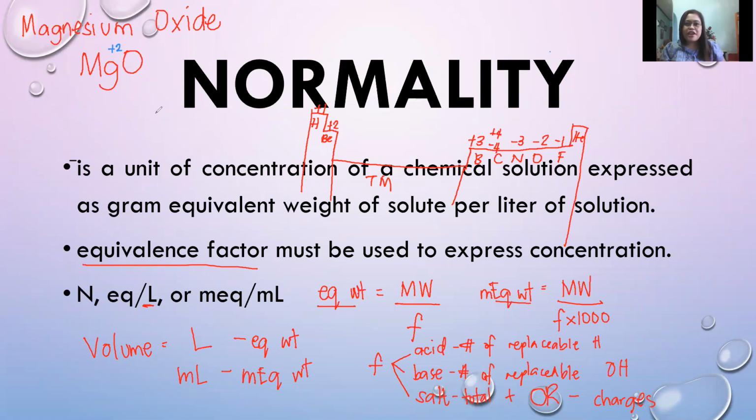Again, ang charge ni magnesium kay positive 2. Now, how about si oxygen? So, si oxygen class is this one. So, ang charge ni oxygen kay negative 2. So, again ha, dili na siya i-add. You just look at the number, either the positive or the negative charges.